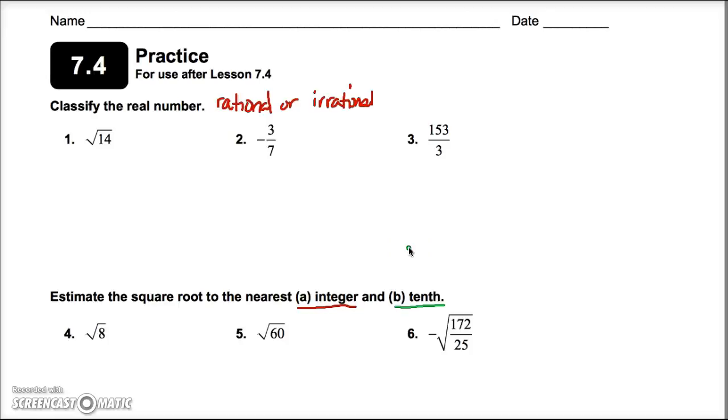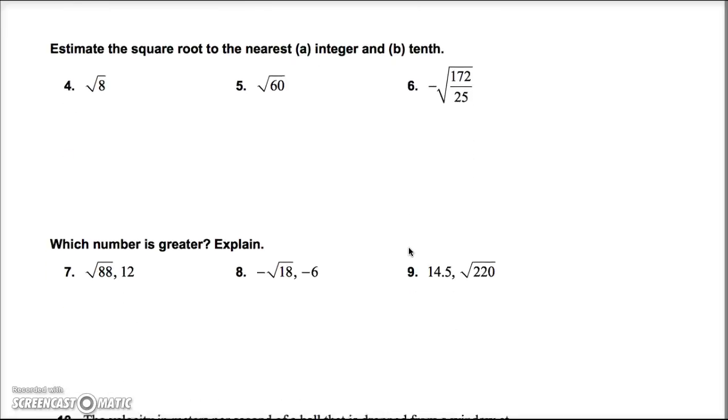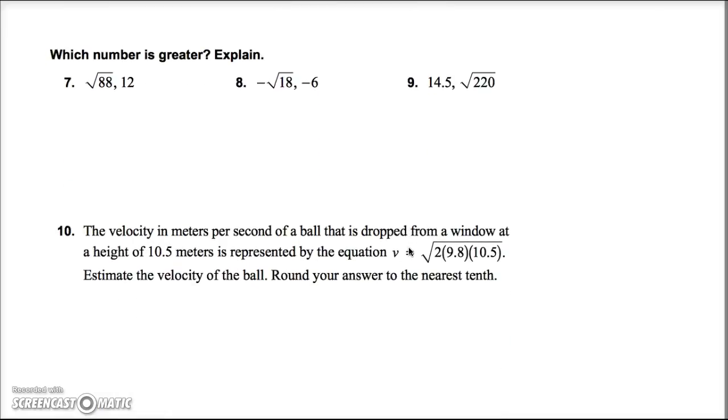And then for 7, 8, and 9, basically just which one is greater and explain. So you're just going to pick which number is bigger and then explain what you got. So you've got to be able to prove why one's bigger than the other.